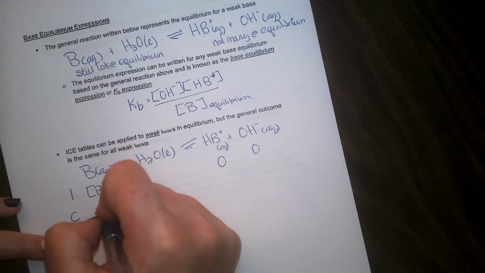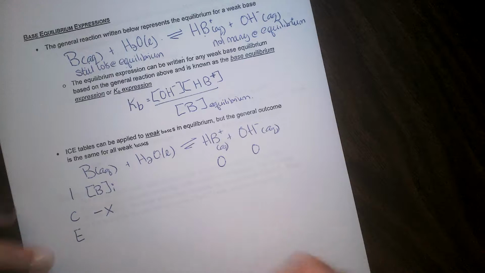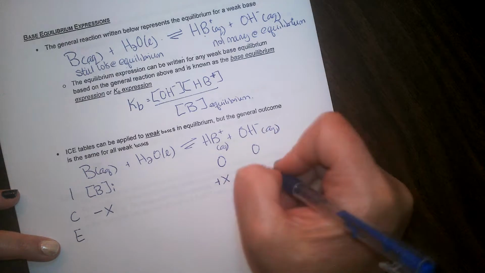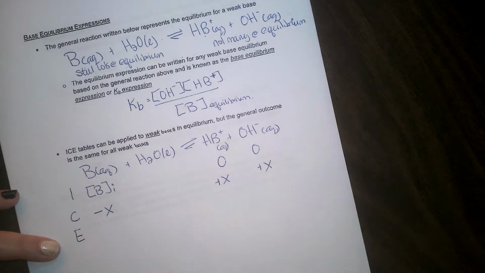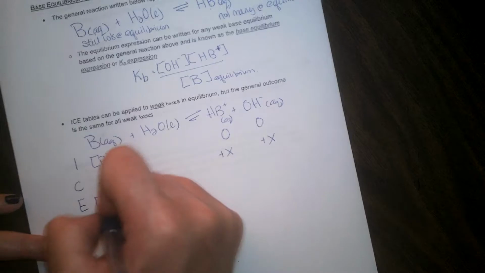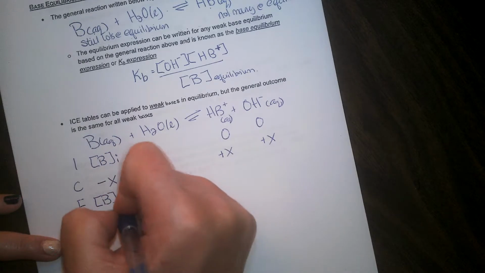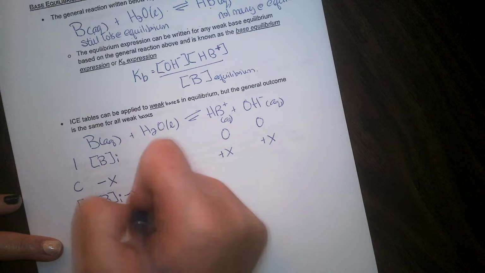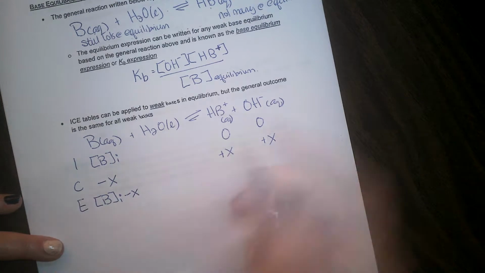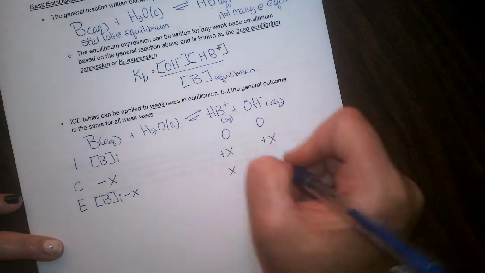This is going to decrease by some value, and these are going to go up by some value. And at equilibrium, our concentration of our B initially will be less than what the change was, and these will be X.